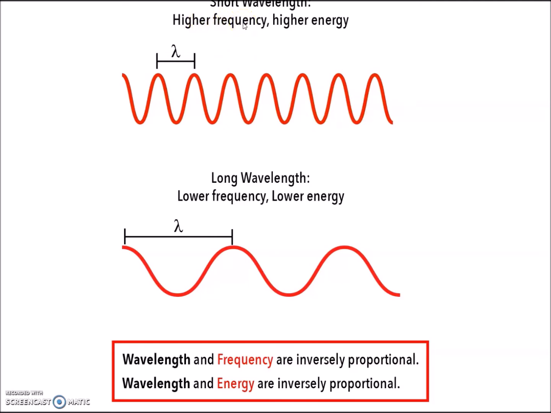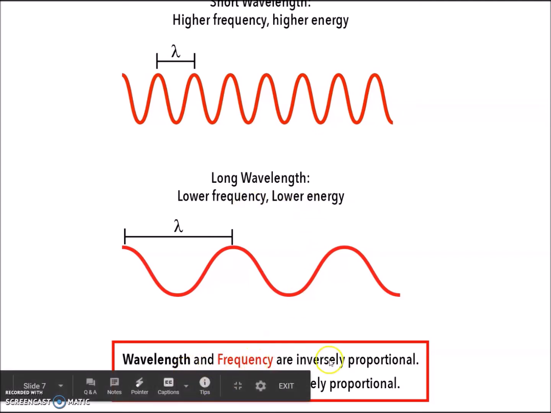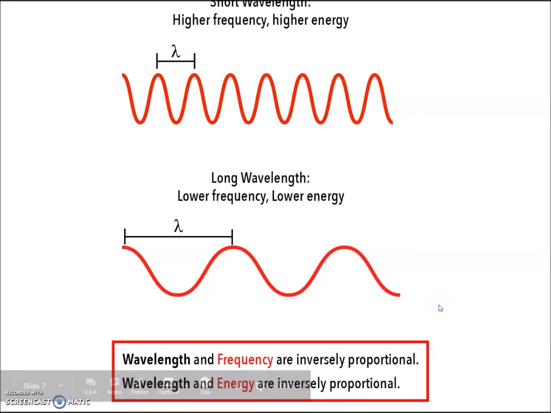And if more waves are passing a given point per second, that means there's more energy transferred with the shorter wavelength. The longer wavelength has a lower frequency and therefore lower energy. Wavelength and frequency are inversely proportional. As one goes up, the other goes down. And wavelength and energy are also inversely proportional.